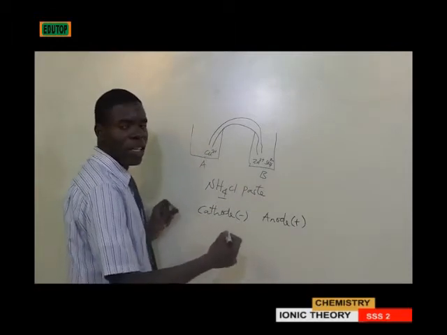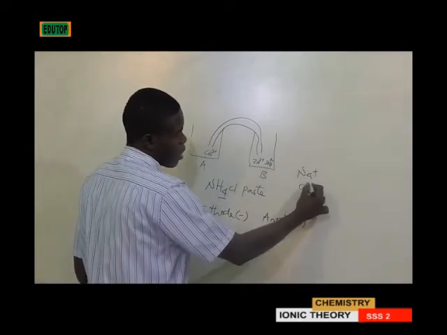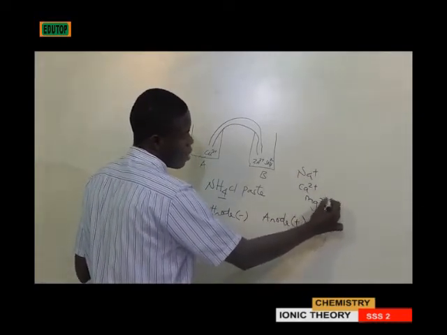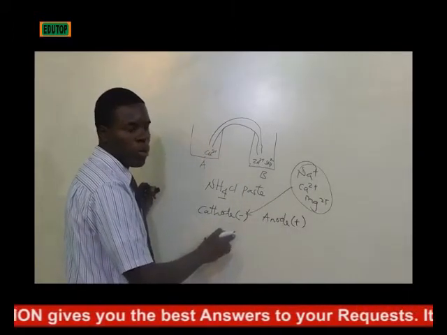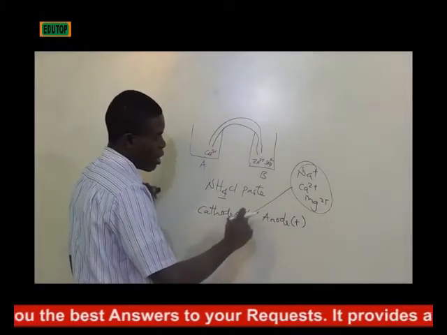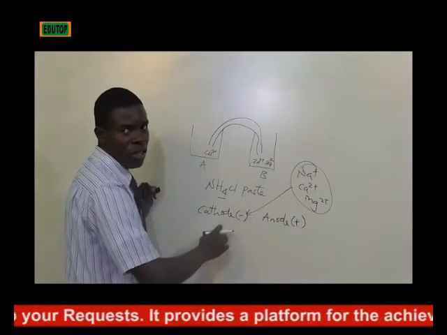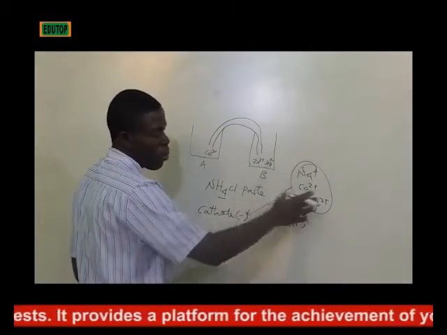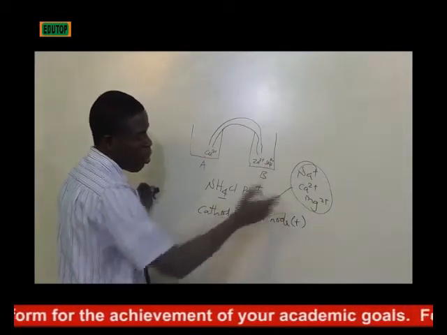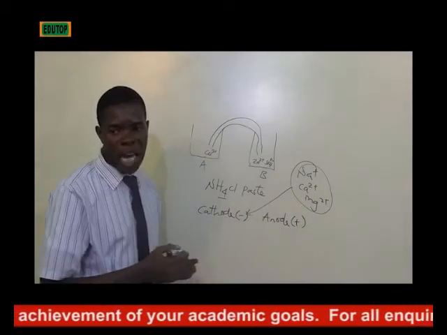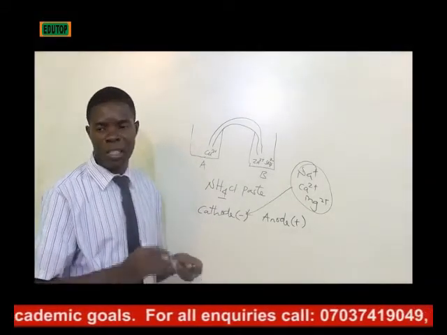In the activity series, those that are higher up, such as sodium, calcium, magnesium, migrate to the cathode because of the difference in charges, positive and negative. There will be attraction. So the metals higher up, which are the highly reactive metals, migrate towards the cathode. So the answer to question number 3 is cathode, which is A.